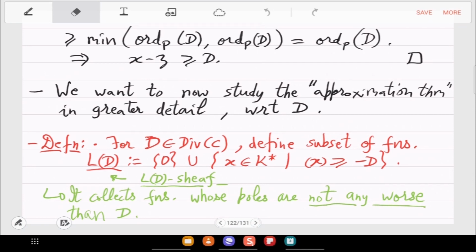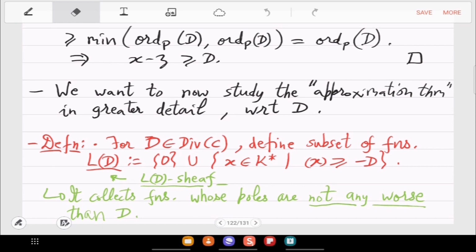So remember, what LD sheaf intends to do is collect the functions x whose poles are not any worse than d. The poles cannot have multiplicity worse than that in d, but it can be greater. The first thing you should wonder is whether this LD sheaf is a vector space. That is easy.